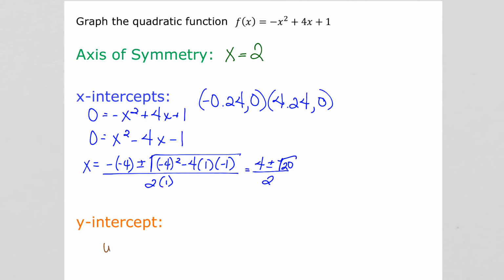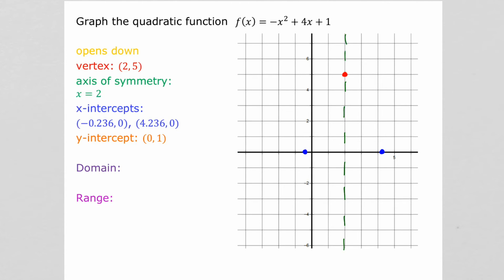So we'll have y equals negative 0 squared plus 4 times 0 plus 1. It's 1. So the y-intercept is the point 0, 1. And you may notice as you do these more and more, the y-intercept is actually just c. It's always that number right there, if it's in the form ax squared plus bx plus c. So our y-intercept is 0, 1.